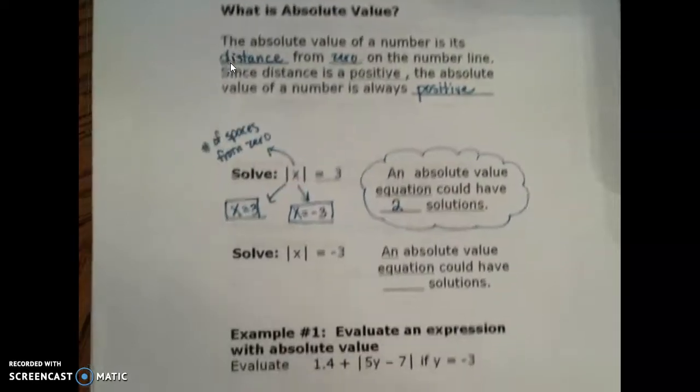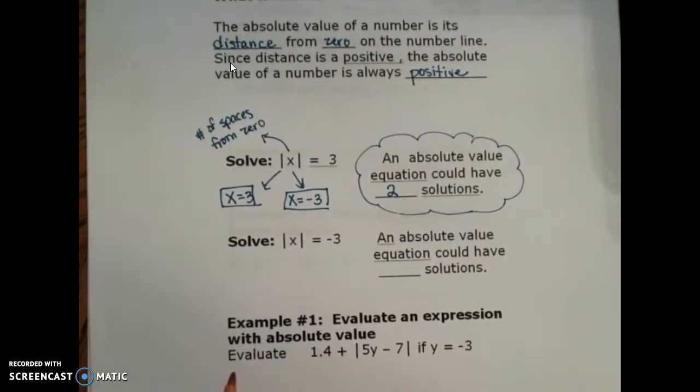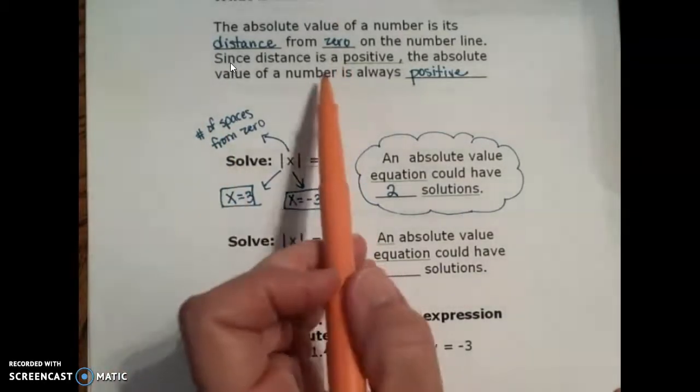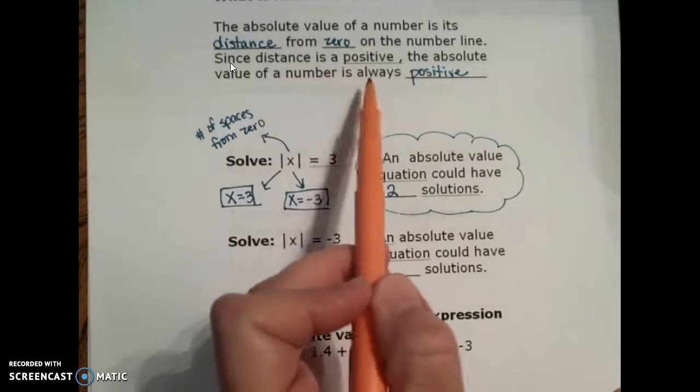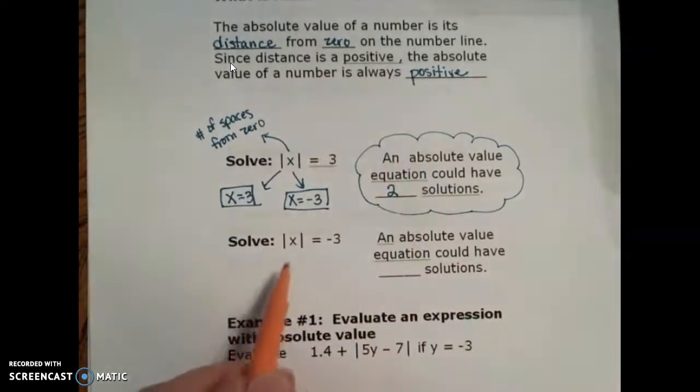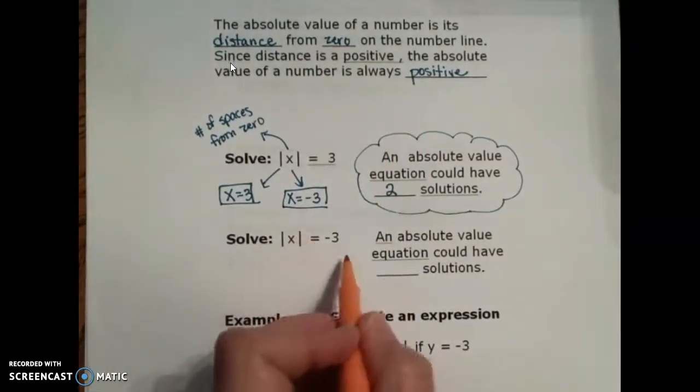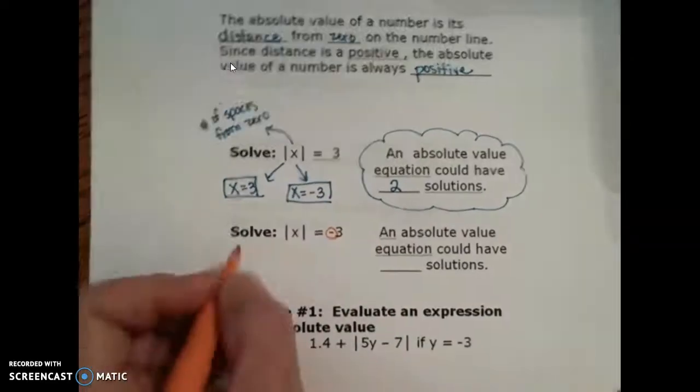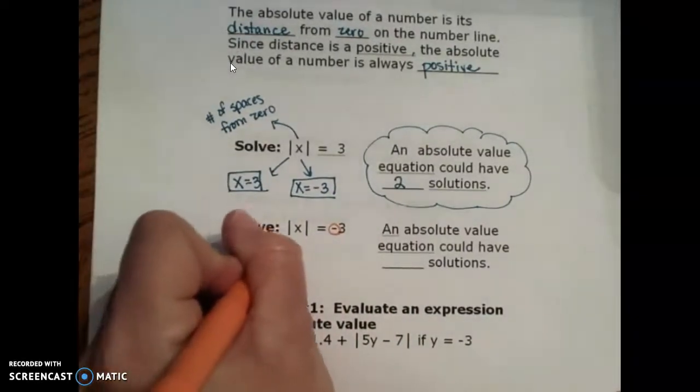Okay, so then the next one says solve the absolute value of x equals negative 3. This tells us the absolute value of a number is always positive. X is representing a number. This is not positive. So this is going to be no solution.